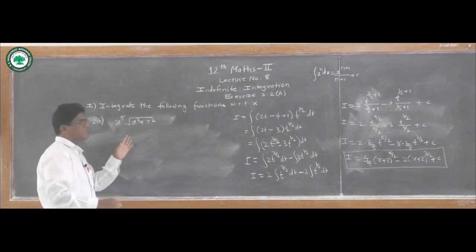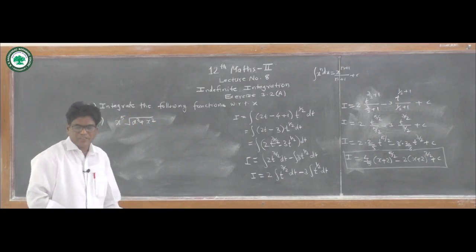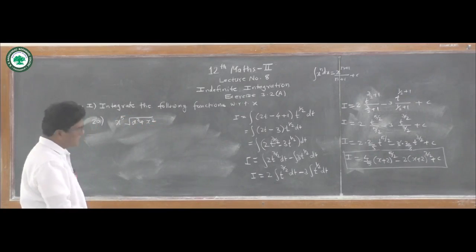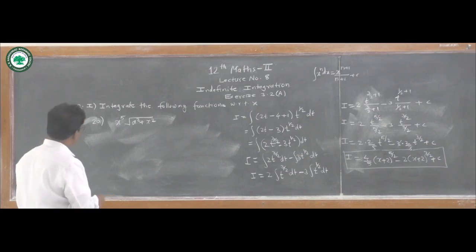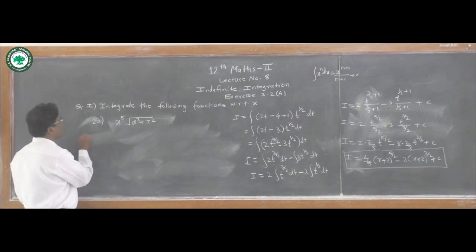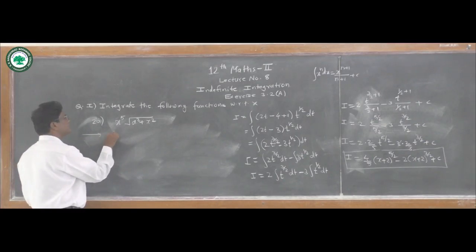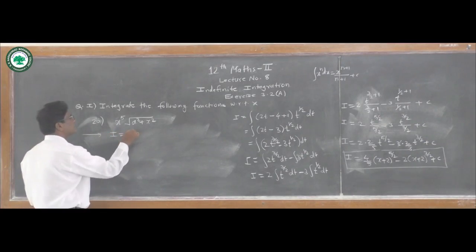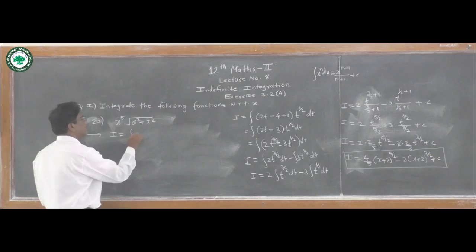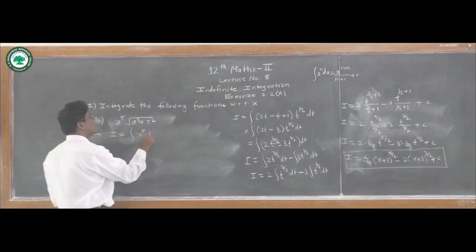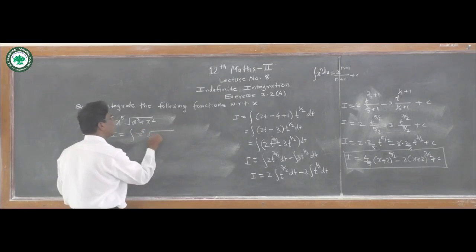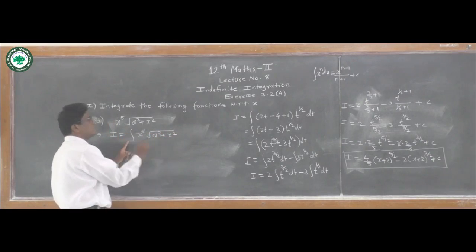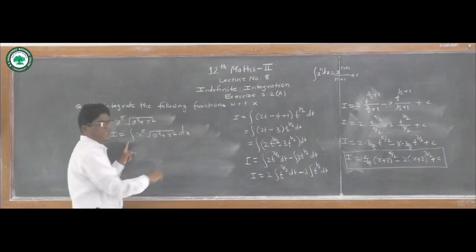We have to find the integration of this. Firstly, we call this I. So let I is equal to integration of x to the power 5 into root of a square plus x square, and when we write this integration, always take dx.